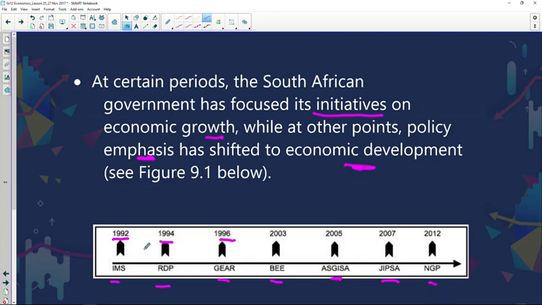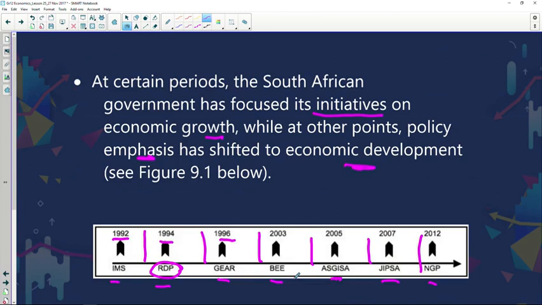So you would see that at different levels, government had a different plan, whether they wanted to focus on economic growth or on development. So, for example, when they were looking at the Reconstruction and Development Program, there was an element of development that they wanted to emphasize.